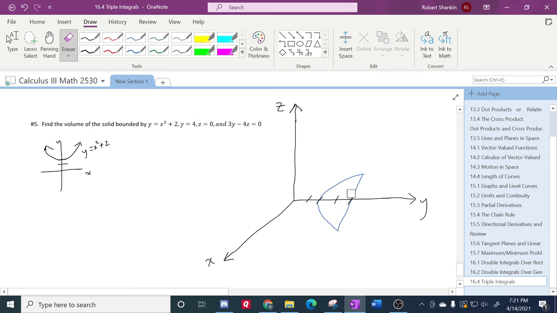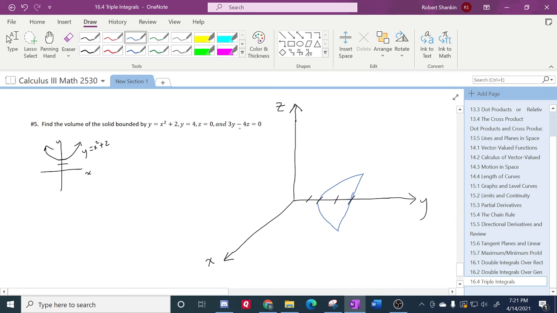Now, for y equals 4, the x can be anything and the z can be anything, so it's a plane going straight up, a sheet of paper, if that's on the xy plane. z equals 0: now the x and the y can be anything, so this is the xy plane.